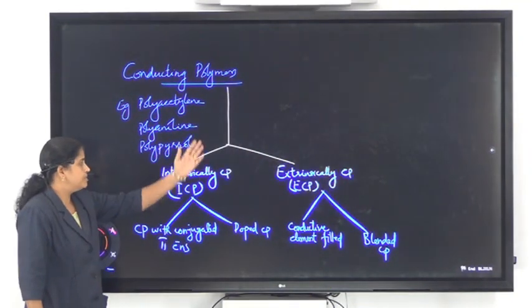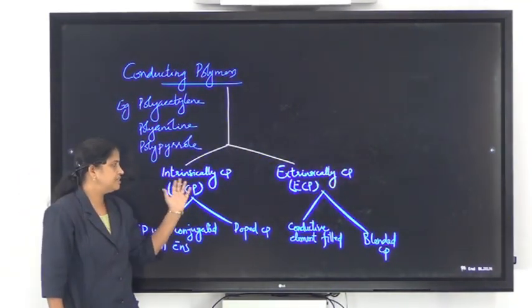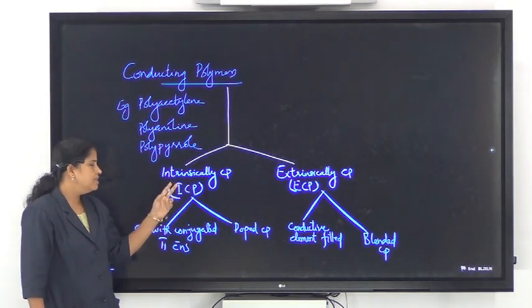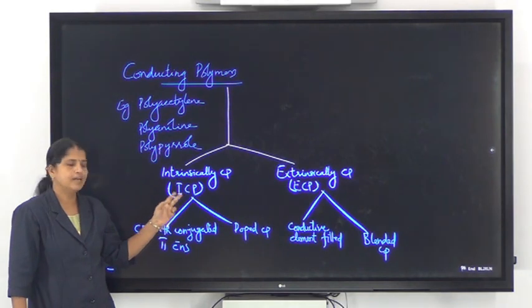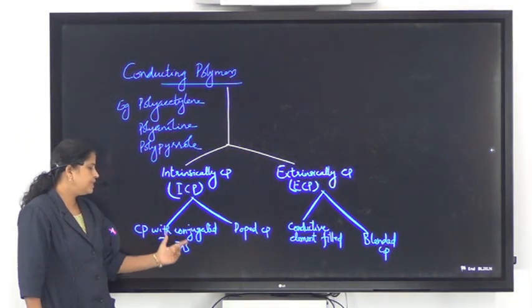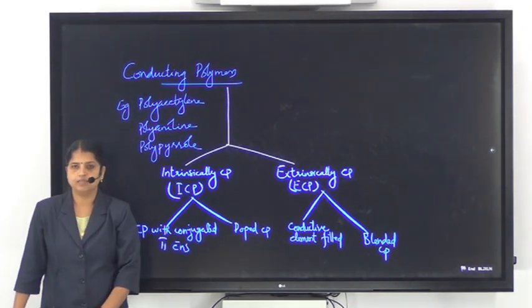So conducting polymers are classified into two types: intrinsically conducting polymers and extrinsically conducting polymers. Then intrinsically conducting polymers are again classified into conducting polymers with conjugated pi electrons and doped conducting polymers.